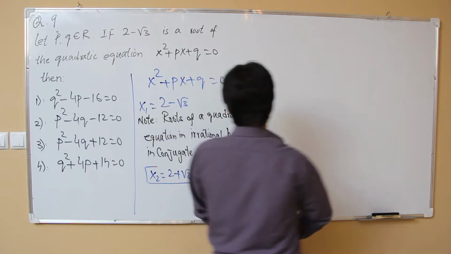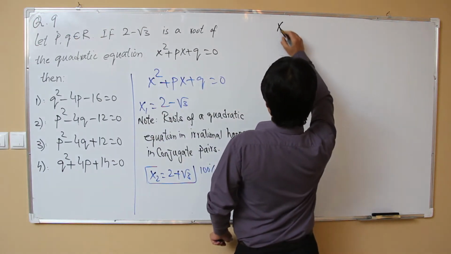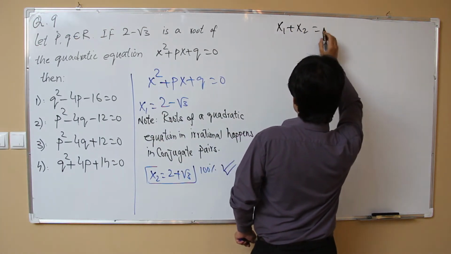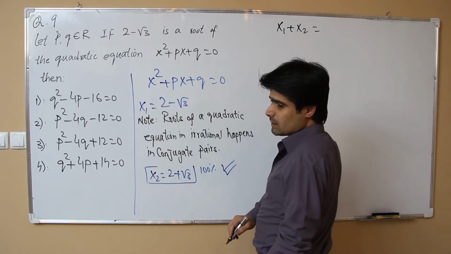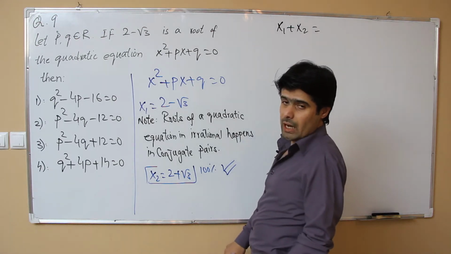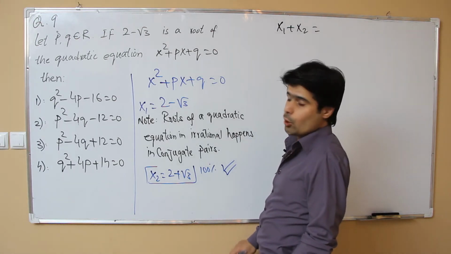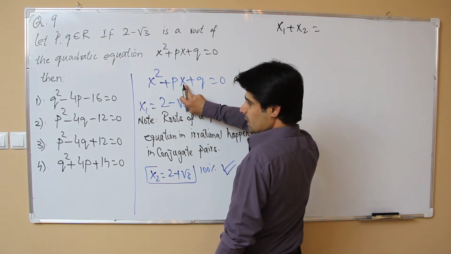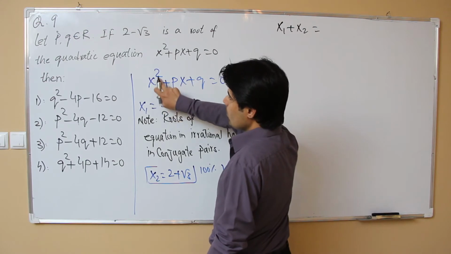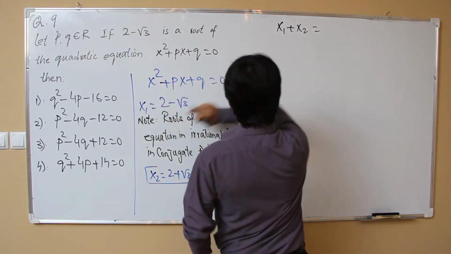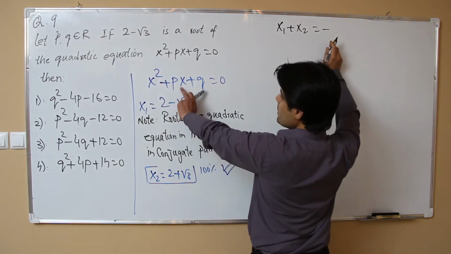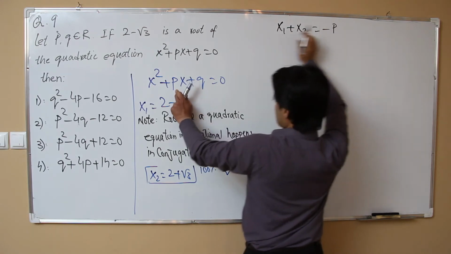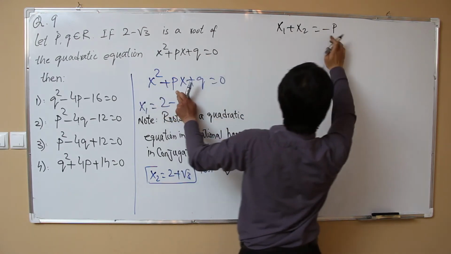If we know x1 and x2, we know x1 plus x2. What's x1 plus x2? It is minus b divided by a. What's b? b is the coefficient of x. What's a? a is the coefficient of x squared. It means minus p divided by a, and a is 1.